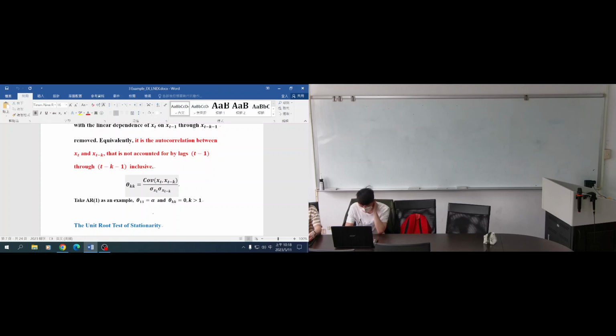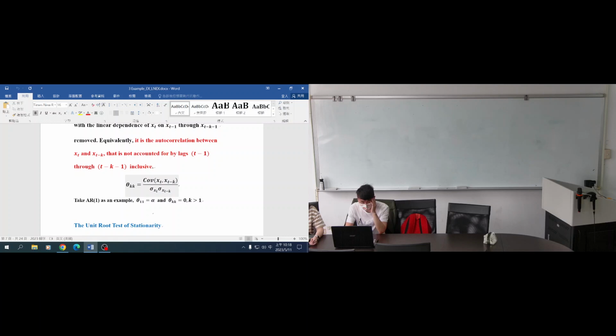If I want to look at the relationship of lag 1 and lag 10, autocorrelation is also considering the relationship in between, I mean from 2 to 8.